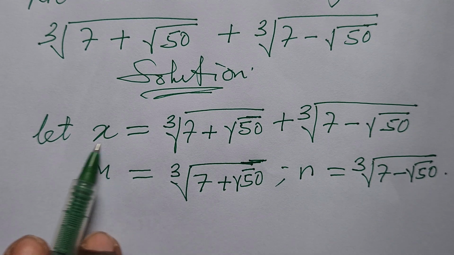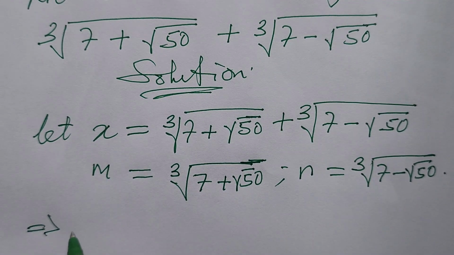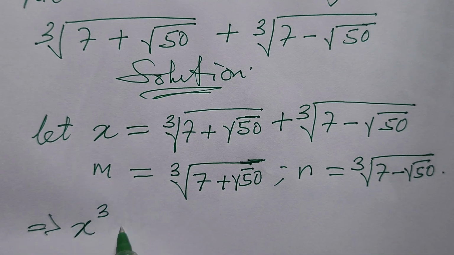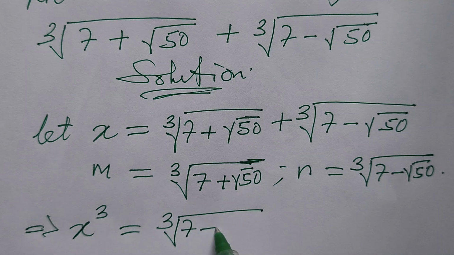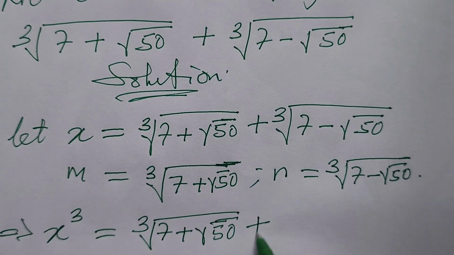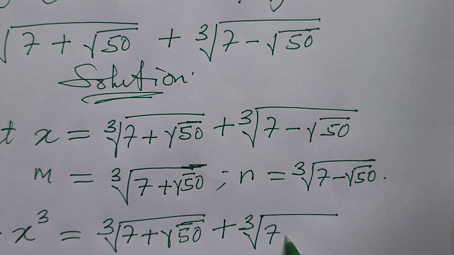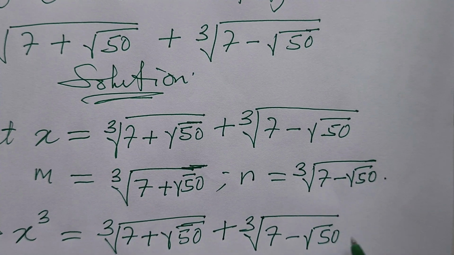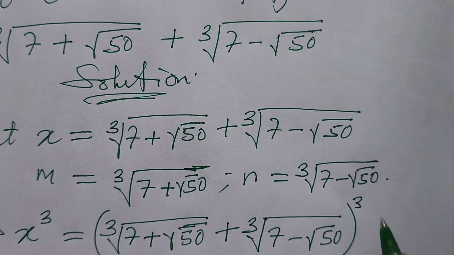If we cube both sides, this gives us x to the power of 3 equals the cube root of 7 plus the square root of 50, plus the cube root of 7 minus the square root of 50, everything all to the power of 3.